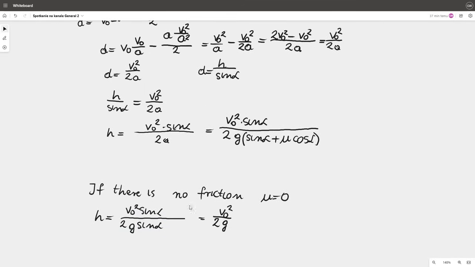If there is no friction, coefficient of friction is equal to 0. So, in this equation, mu is equal 0, 0 multiplied by cosine of alpha is equal to 0, so we have such equation, and we can get rid of sine of alpha from this equation.